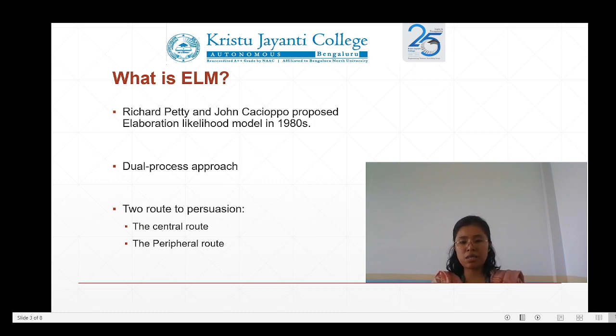So there's this concept in psychology that we human beings, when we process information, there are two different ways that we process information from our surrounding. So we either process information in a controlled fashion. So when we are processing information in a controlled way, we are aware of what we are processing. There's an intent, there's a goal, there's an element of awareness, and we are in control of the process.